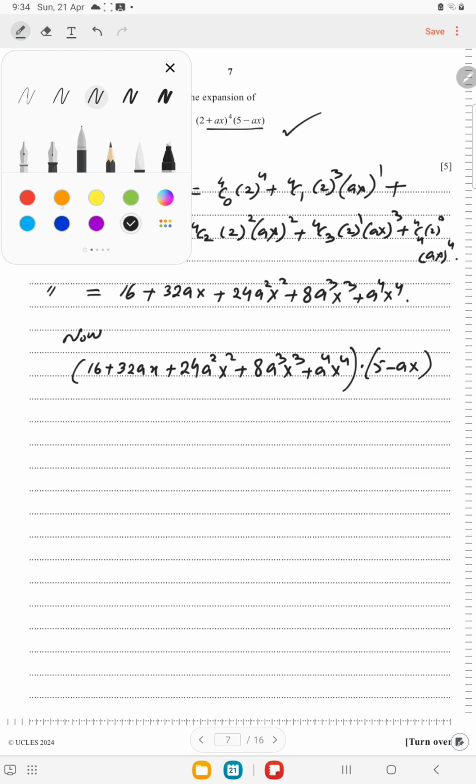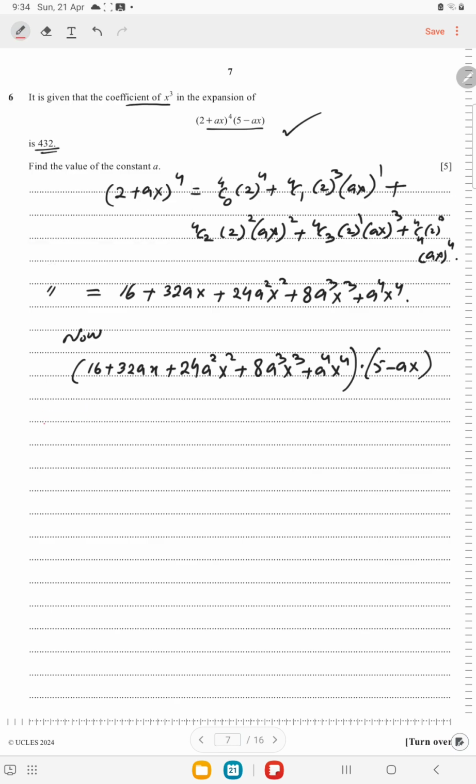Here guys, you can see one thing very clearly. We are interested in finding the coefficient of x cube, that is 432. So how can x cube turn up? If you multiply this 5 with this term, we'll get x cube, and minus ax with this term to get x cube, right? So we will write the terms involving x cube, and the rest we are not interested in, so leave it.